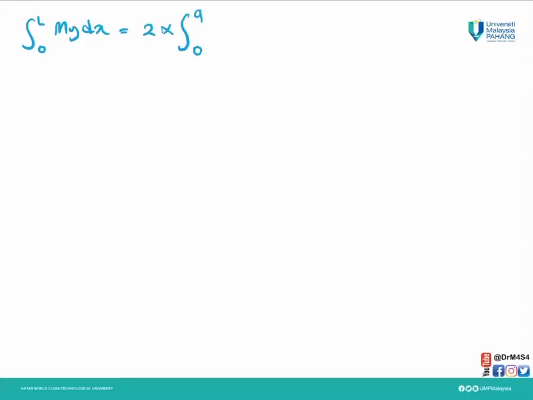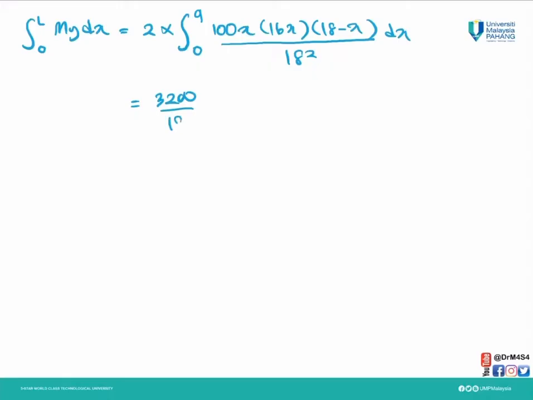We know our m is 100x, and our y is 16x(18 minus x) divided by 18 squared, dx. So take out the constant value. So we have 3200 divided by 18 power of 2, from 0 to 9, leaving x squared minus x power of 3 dx.